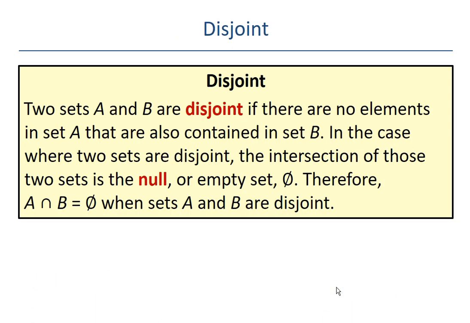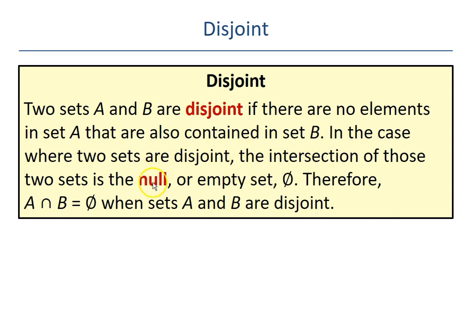We're going on to another kind of set, and we did mention this earlier, too. This is when set A and set B are disjoint sets. That is, there are no elements common to both sets.